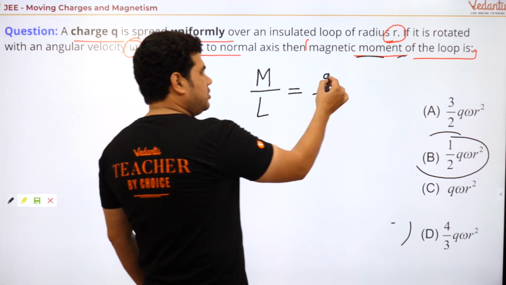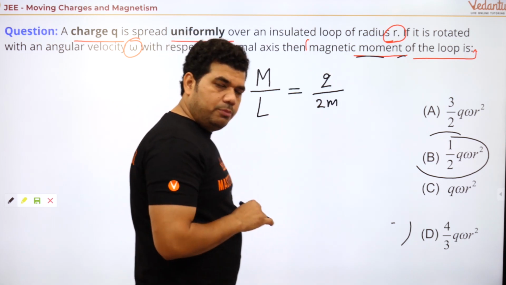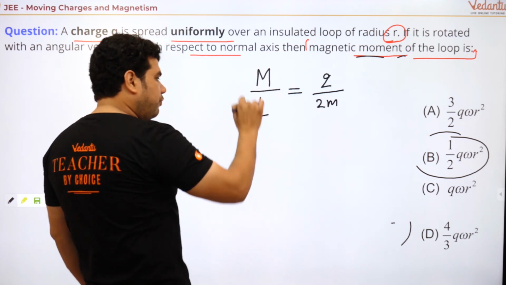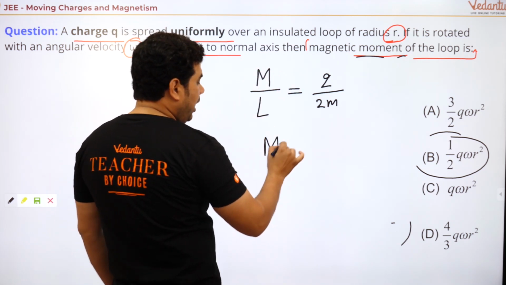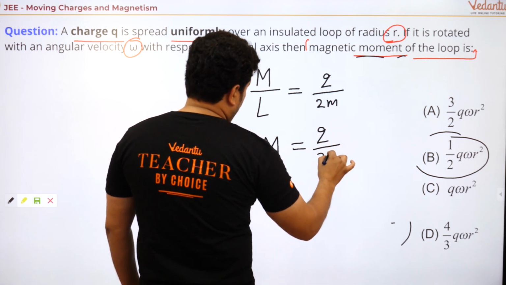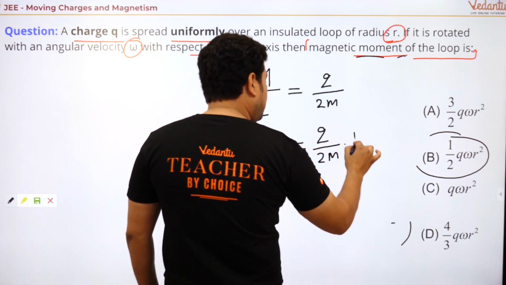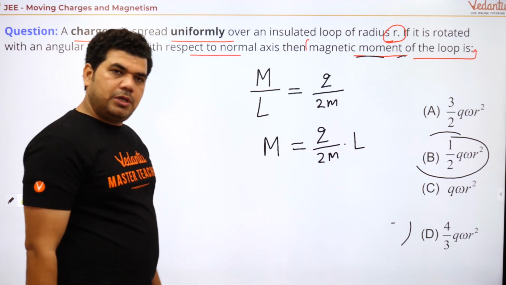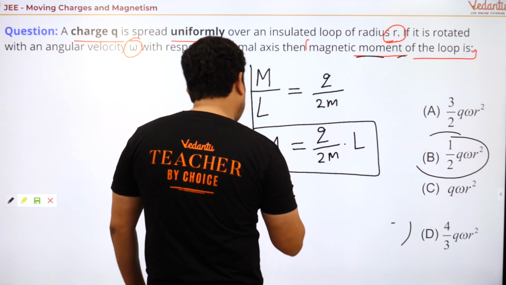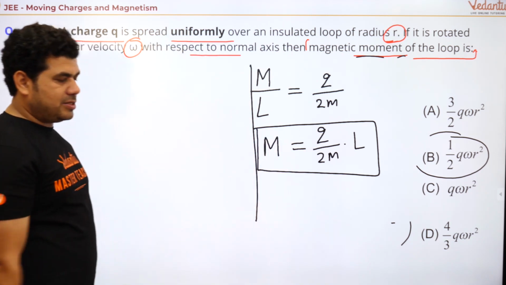Q is the total charge on the body, on the object, जैसे यहां पर था, and 2m is the mass. If you have to find magnetic moment, then magnetic moment is Q divided by 2m into L. L is the angular momentum. See, इस चीज से हम इस तरह के सभी क्वेश्चंस को बहुत आसानी से कर सकते हैं.